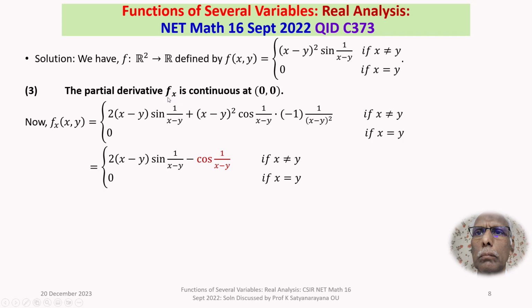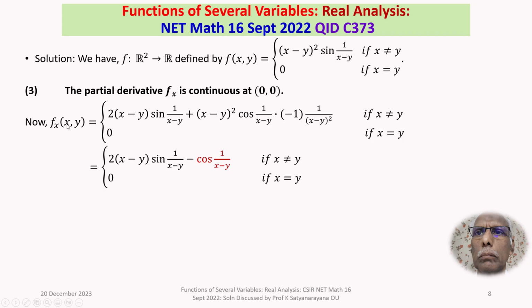Now we have to discuss the continuity of the first order partial derivative with respect to x at (0, 0). For that, first of all, the limit of this first order partial derivative must exist as (x, y) tends to (0, 0).